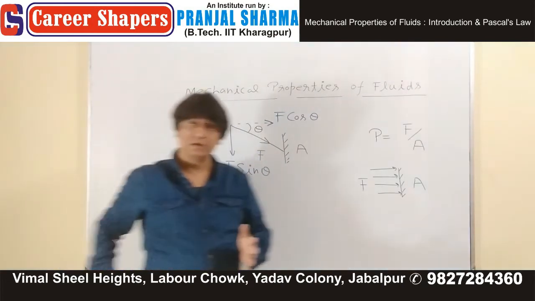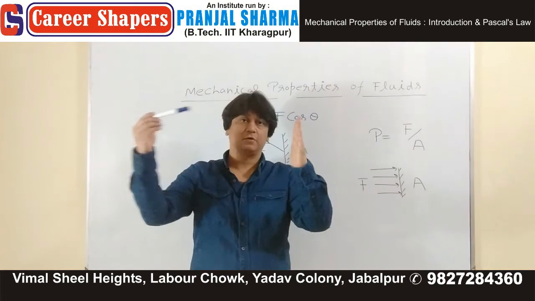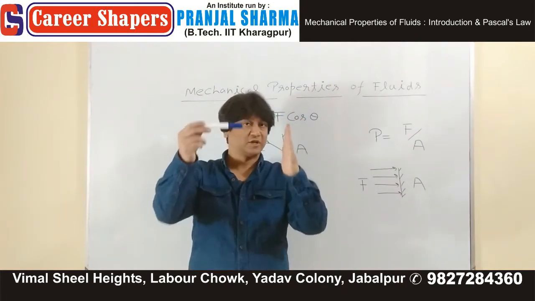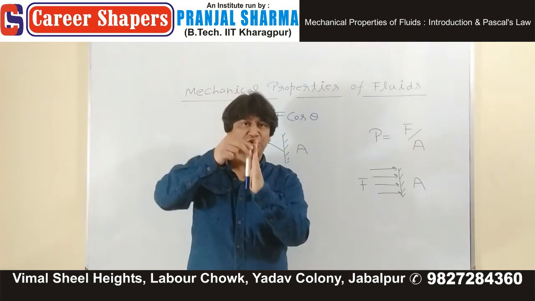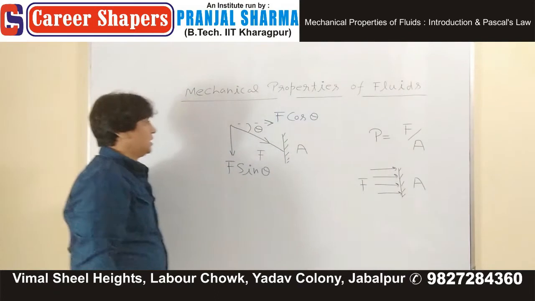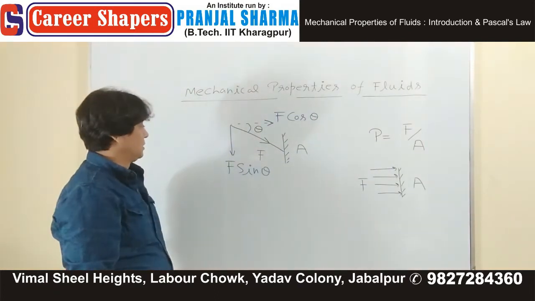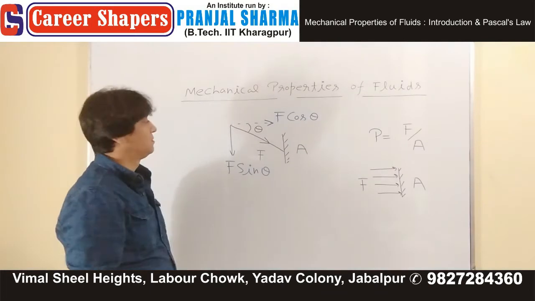We have a surface. On this surface, there are two forces acting. One is the, you can say, horizontal component of F cos, and the other one is tangential, which is F sin theta. Let's see how many of you can visualize this part.